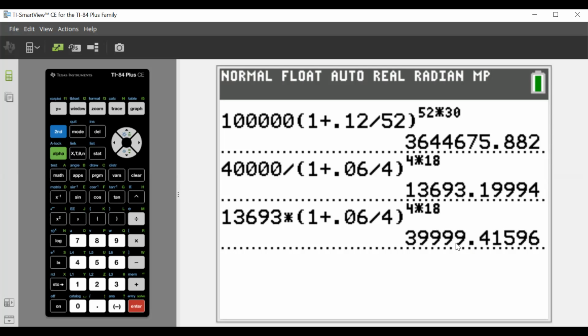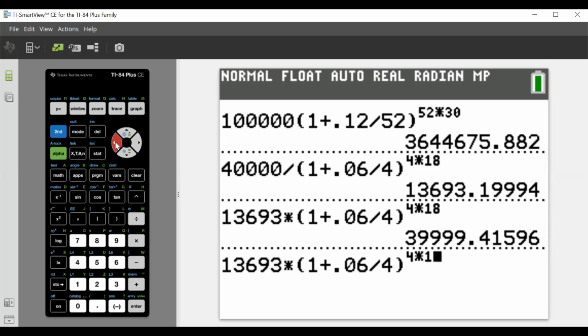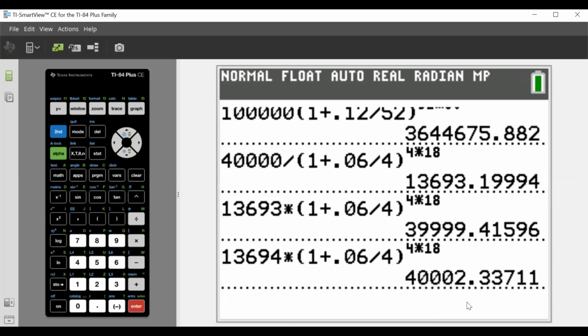And that does not equal 40,000. So that's why I say if we put in that, with the 4 there, we will reach 40,000. And again, we're going to be over, but we reached our goal of 40,000. So that's kind of the difference when it says round to the nearest dollar, we might not actually get to the value we want. All right, let's stop there and we'll come back for more.